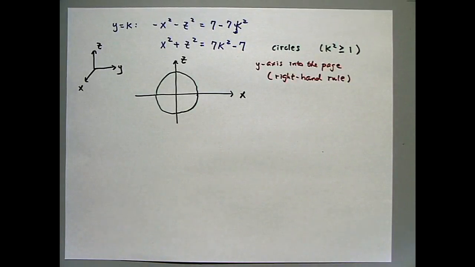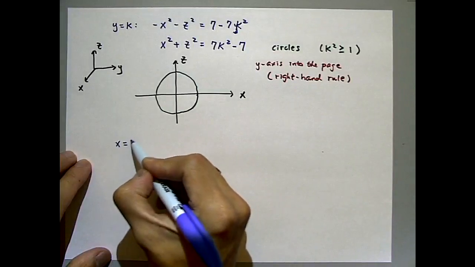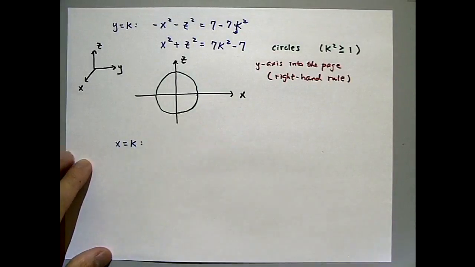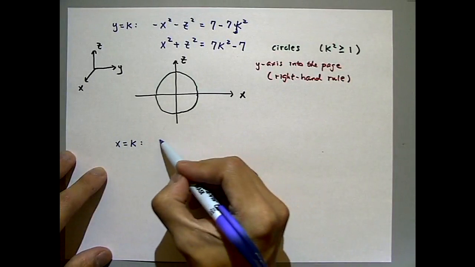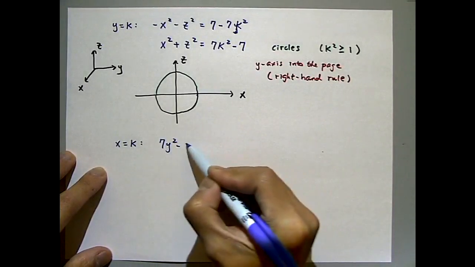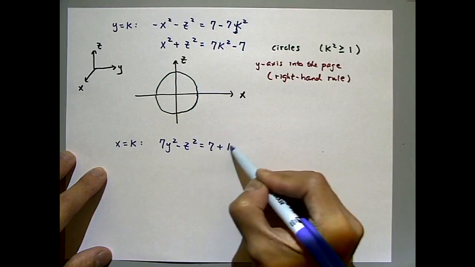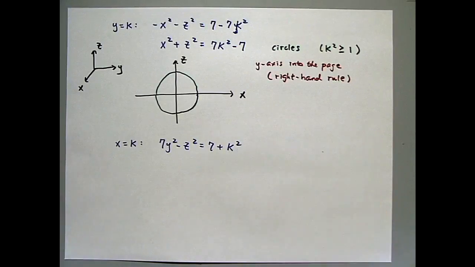All right, now let's look at the last perspective. Now we're looking at x is equal to k. And the original equation rearranged a little bit, we get 7y squared minus z squared is equal to 7 plus k squared. What shape is this?